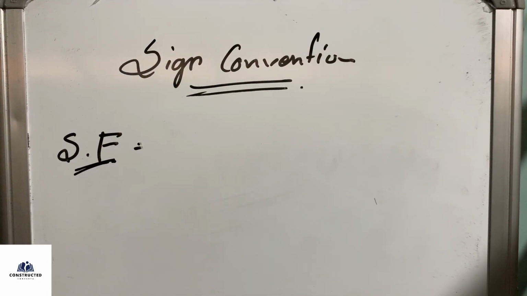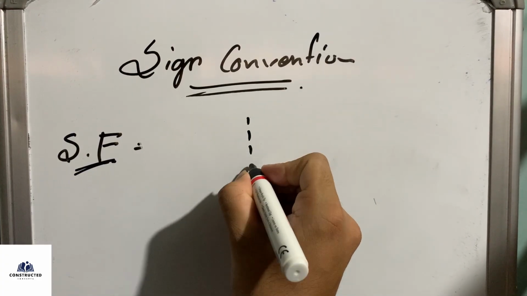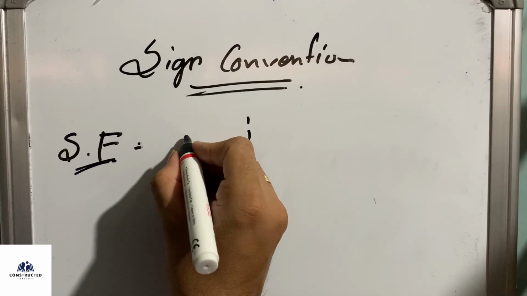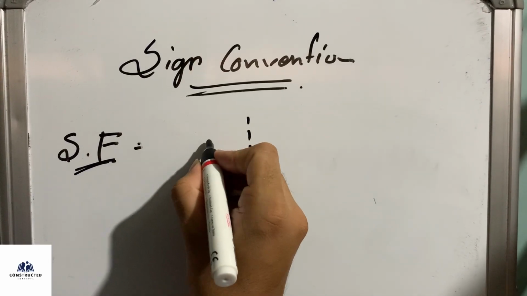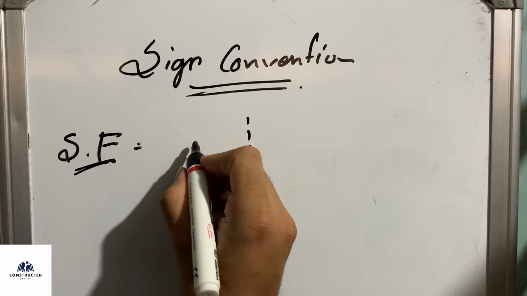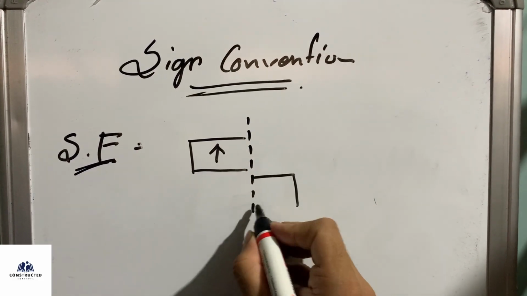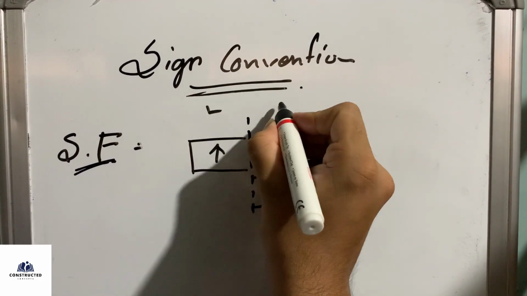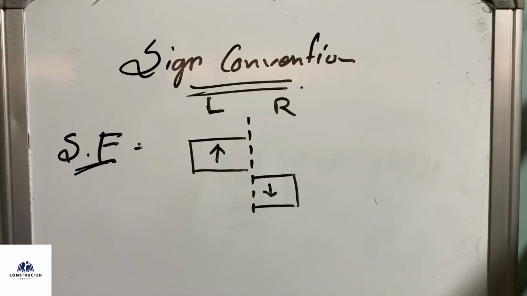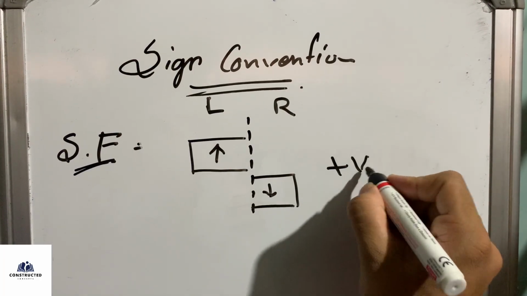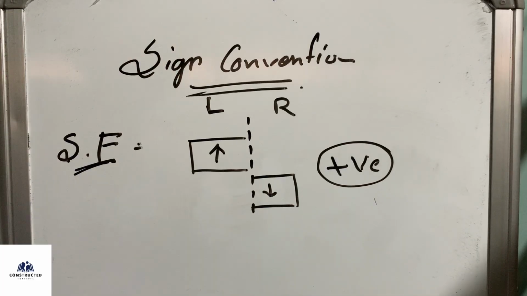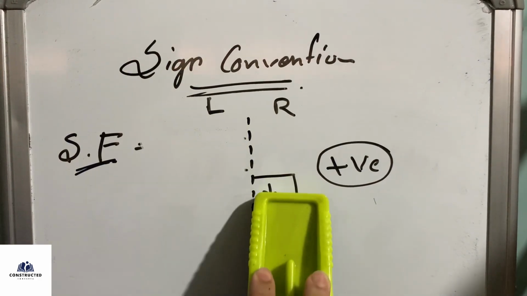How the sign changes, or how we can say whether it is plus or minus, we can see by this drawing. This is a trick drawing. One is left, one is right. Left part is left, right part is right. Let's say your left hand is upward and right hand is downward, so it is positive.